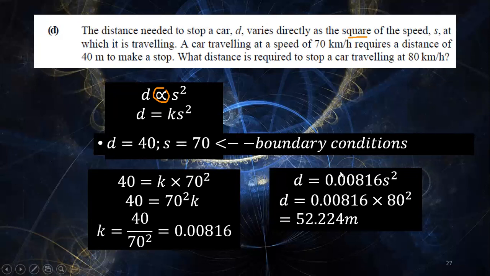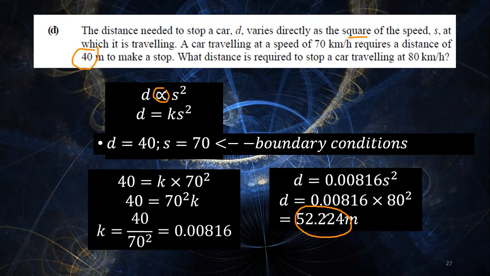So it's going to be this number multiplied by 80 squared, which is 52.224, which kind of makes sense given what we were talking about earlier when we said it has to be greater than 40. And 52.224 is certainly greater than 40. Generally, you should give the answers to 1 dp, unless otherwise stated, but we just left it like that to show the exact value.